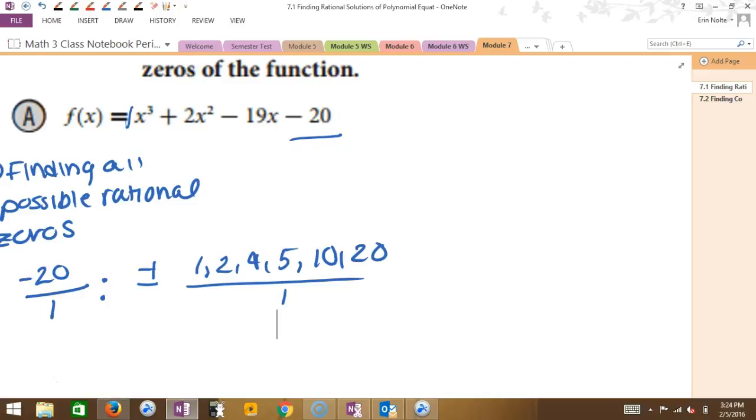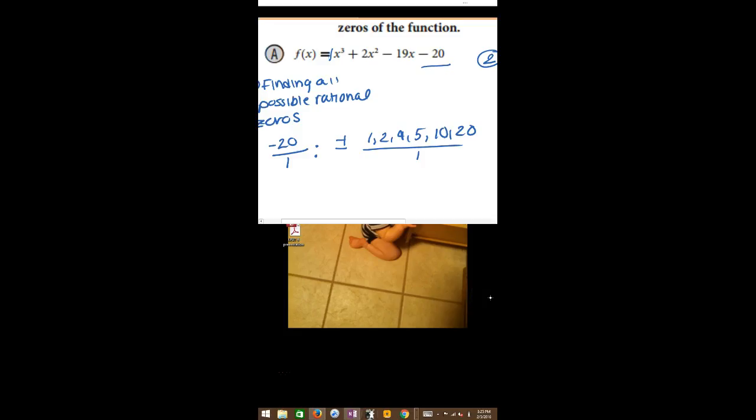The second step is using technology to test which ones are our zeros. So we can use our calculators and plug in our function.